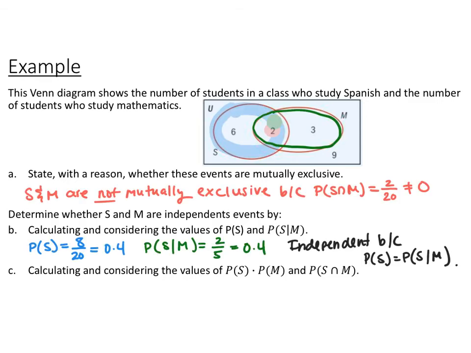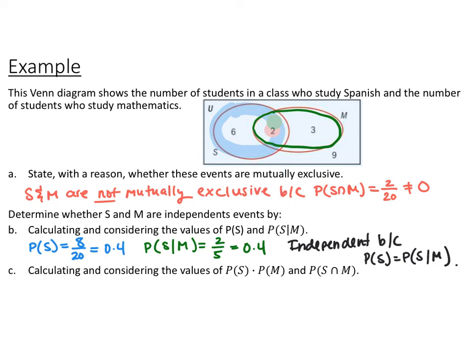So the first part, they are not mutually exclusive because there is an intersection here. There are 2 students who are taking both Spanish and math, so the probability of the intersection is not 0. So for part B, I calculated the probability that they take Spanish. There were 8 students out of the 20 total who took Spanish, so 0.4. And then I calculated the probability that they took Spanish knowing they take math. So I'm only looking at these 5 students who take math because I know they take math.